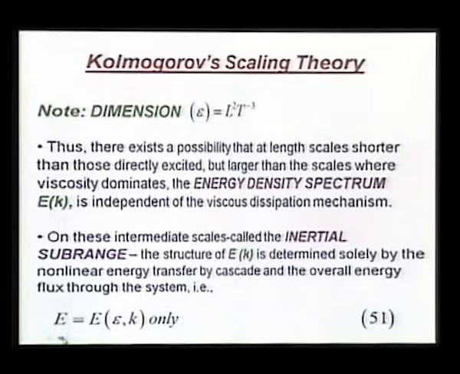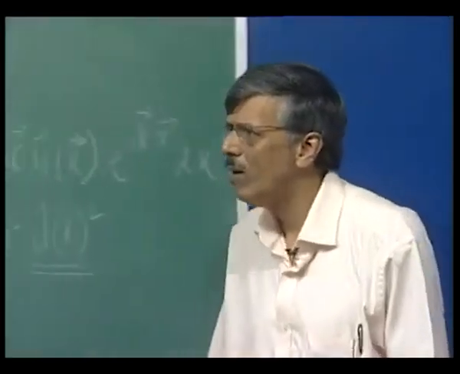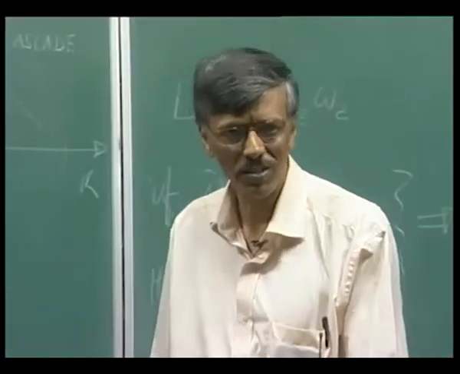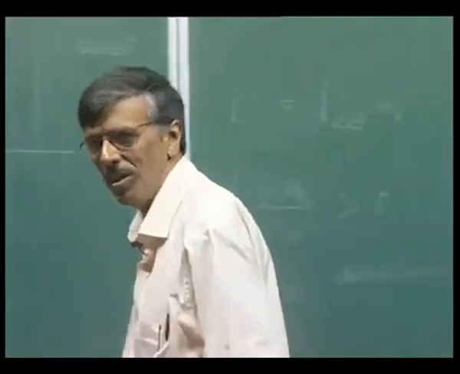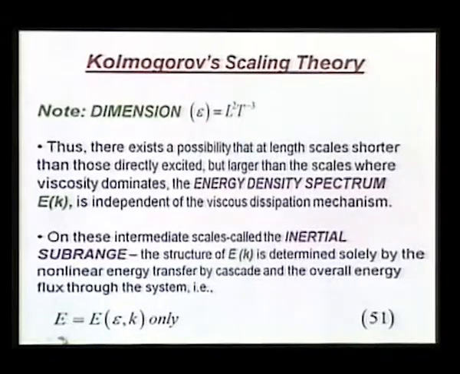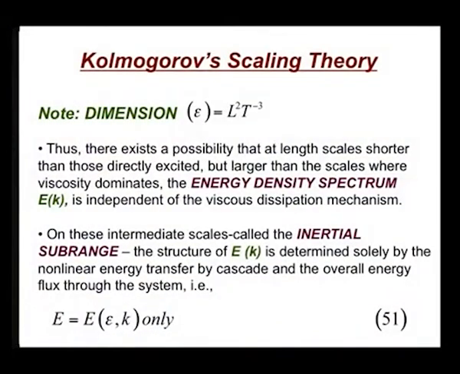Why do we not talk about the energy supplied? Because that is itself equal to epsilon, right, because we are talking about the steady state. So, they are the same. So, that is why I did not put 3 terms, 2 terms are adequate, because energy input is equal to energy output. So, that is why we can write this E as this.